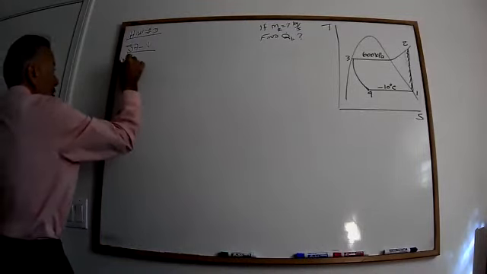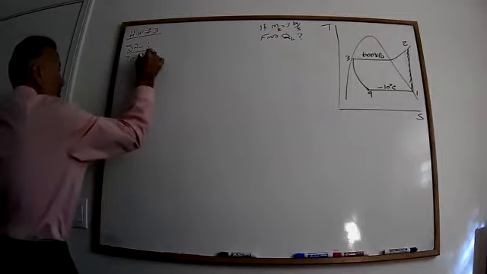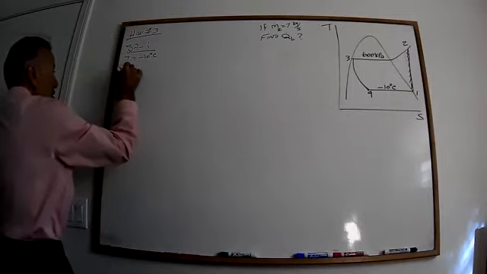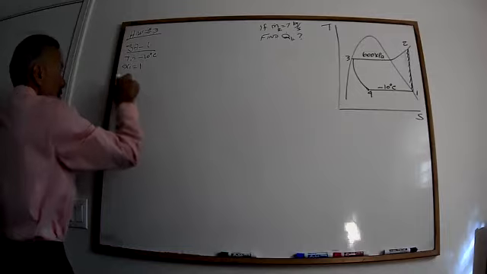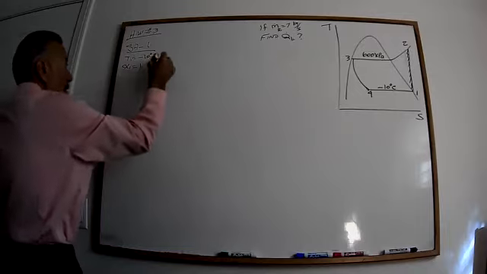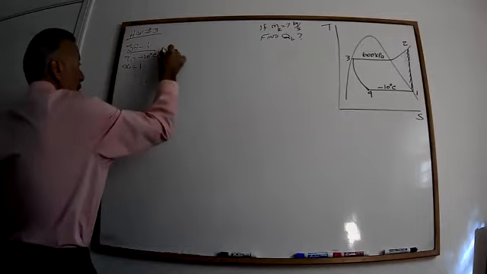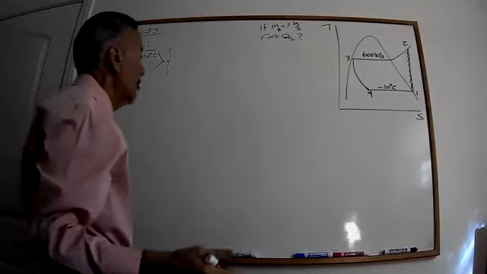We have T1 equal to minus 10 degrees Celsius, and obviously X1 is equal to 1. That means saturated vapor. So we go to the regular saturated table.